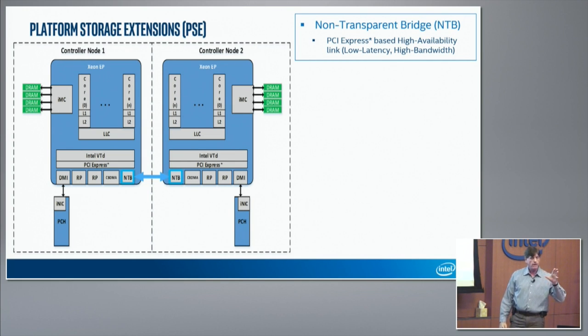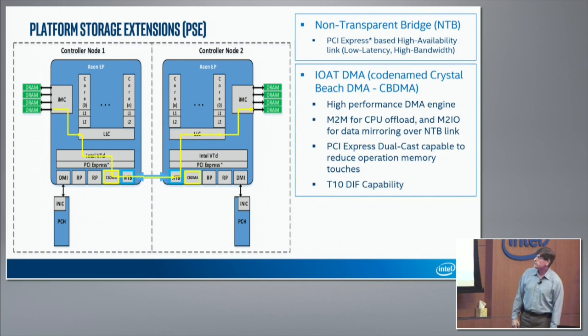And with Skylake, you can have up to 3 of these NTBs per socket. And through this you can get high-speed PCIe speeds, where your high availability link, your cluster traffic, your mirroring traffic, would be able to go low latency, high bandwidth over PCI Express.